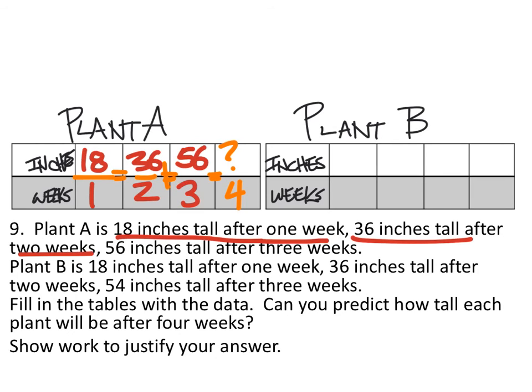But with this one, it would be difficult to say how tall it will be at 4 weeks. So, and there is that pattern right there. The problem with that is that it shows it grew 18 inches here and then 20 inches, so the next one would be 22. Part of the problem with that is that if we went to 0 weeks, it would have gone from 0 to 18, so that would have been, or we don't know, I guess.